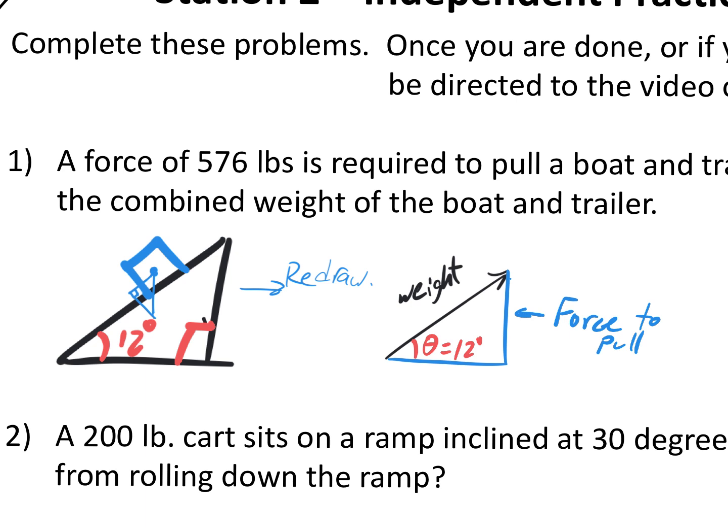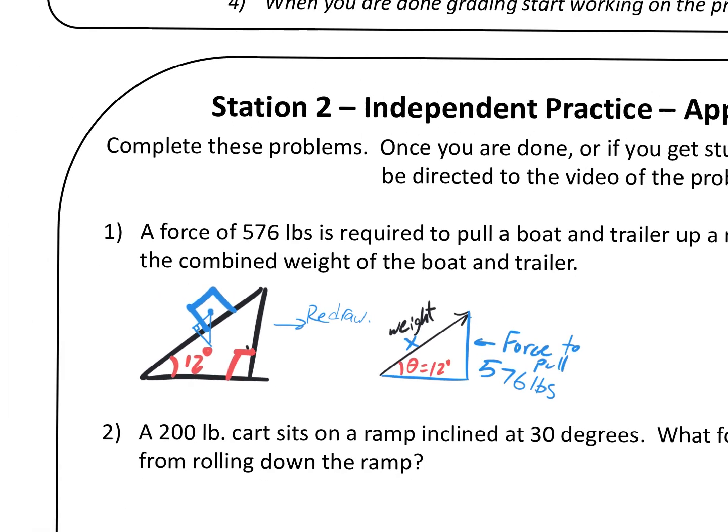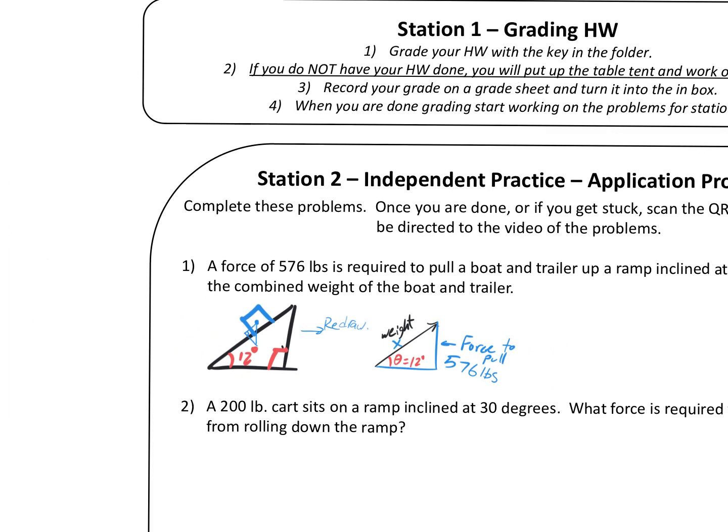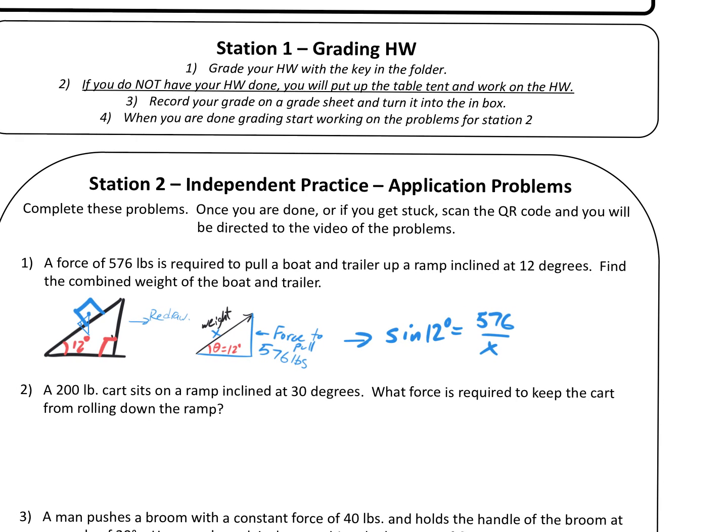I also know that my force is 576 pounds, and I'm going to solve for my weight. We will have sine of 12 degrees equals 576 over x, where x is the weight of the objects combined.